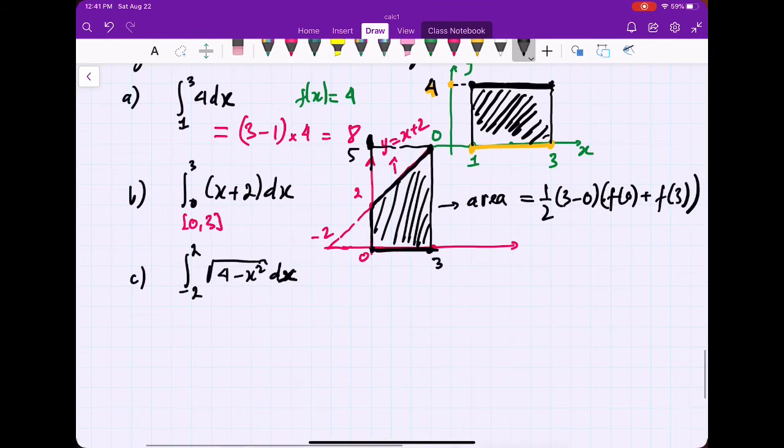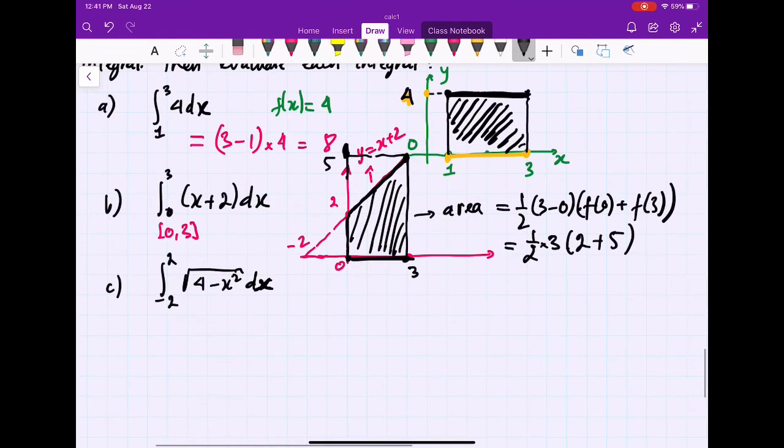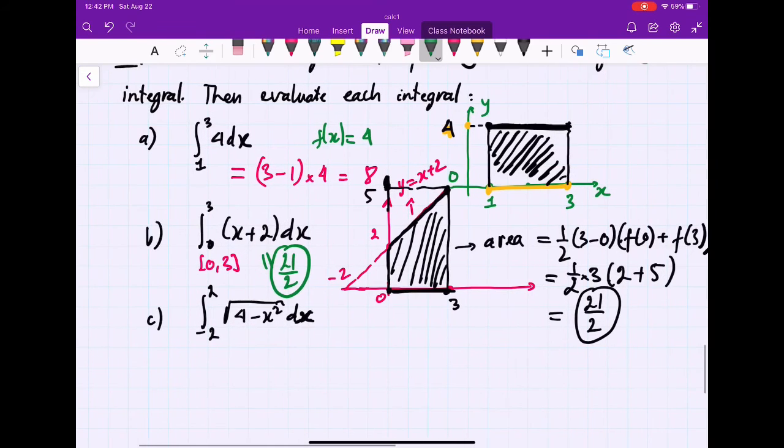So overall that is equal to 1/2 times 3. F of 0 is 2 plus 3 is 5. So you get 21 over 2. And that is our definite integral. I write like that, it is 21 over 2. Does that make sense? Now let's move to the last example.